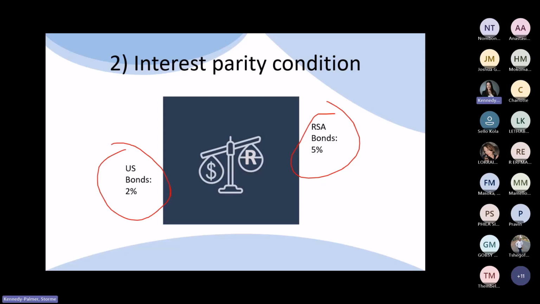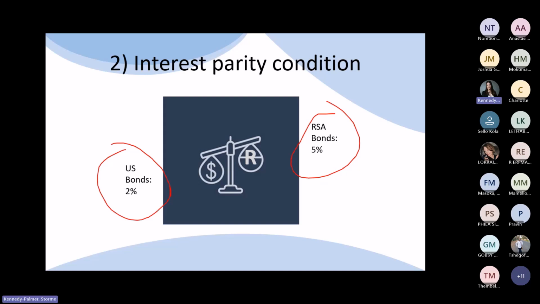So there's going to be a capital inflow, which increases the demand for South African assets, raising their price and then lowering their return eventually. And at the same time, the exchange rate adjusts, affecting returns from foreign investments. This process continues until the expected return on investments in both countries equalize when adjusted for exchange movements.